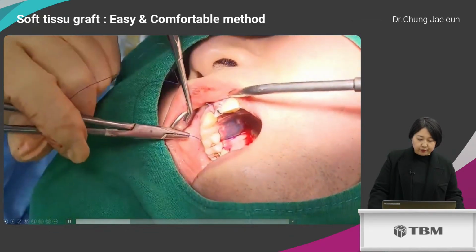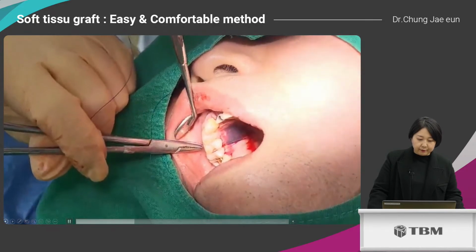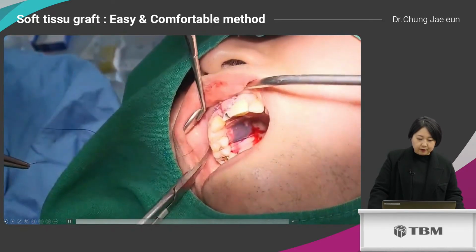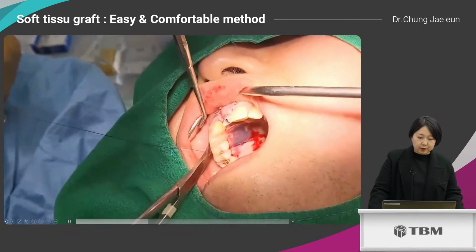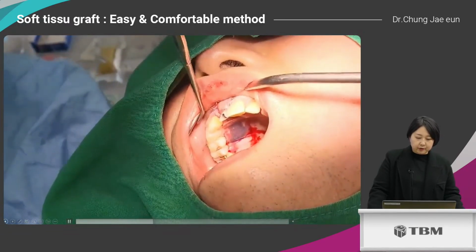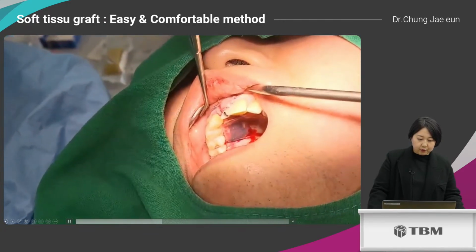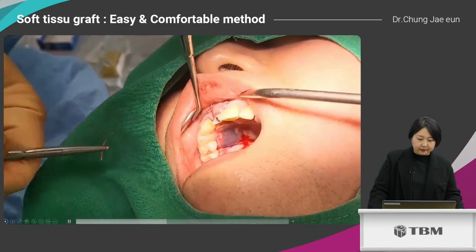Then the suture will compress the dressing very firmly. After FGG or connective tissue graft, I usually use 3 or 4 sutures at the donor site to stabilize the wound dressing.